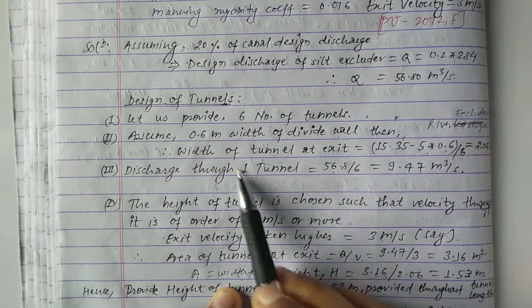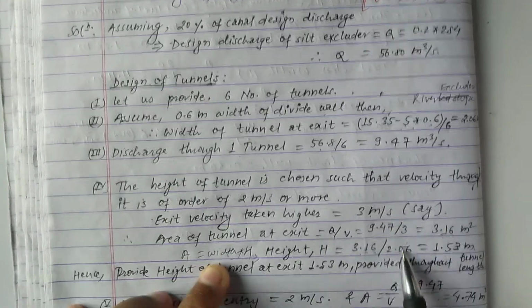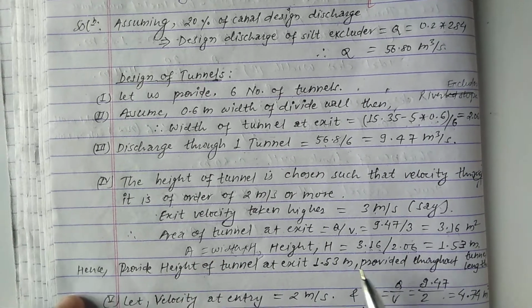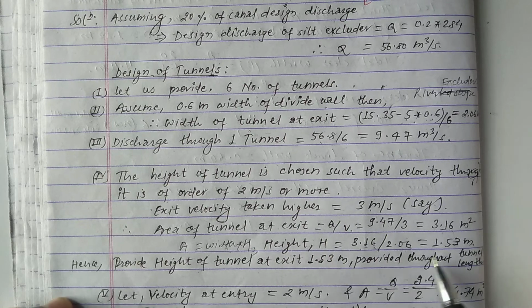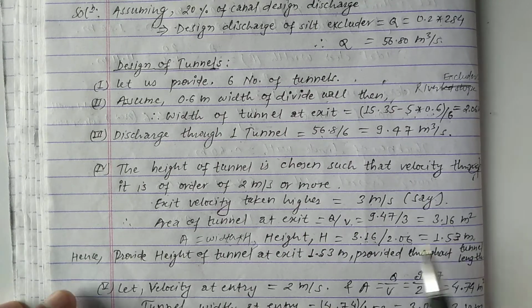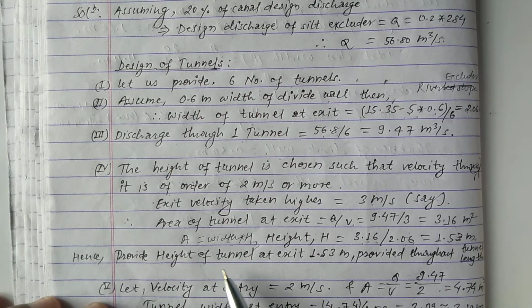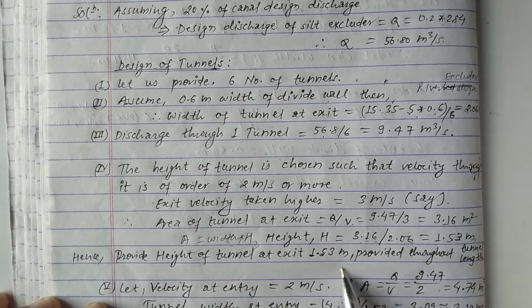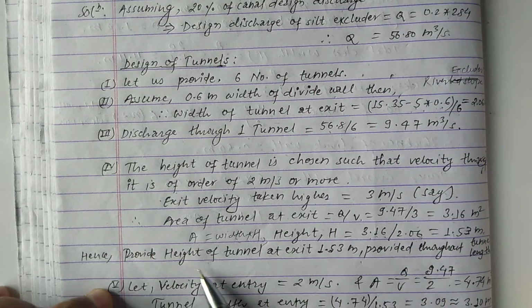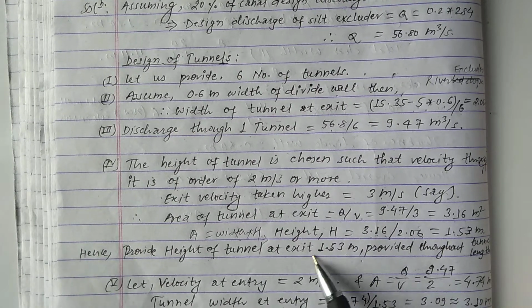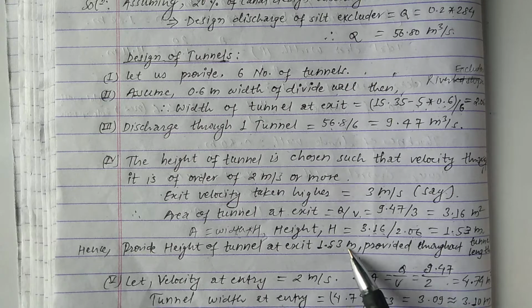We already calculated the width of the tunnel at exit, which is 2.06. After calculating, we get the height equal to 1.53 meter. So the height of the tunnel at exit is 1.53 meter, and this is provided throughout the tunnel length.